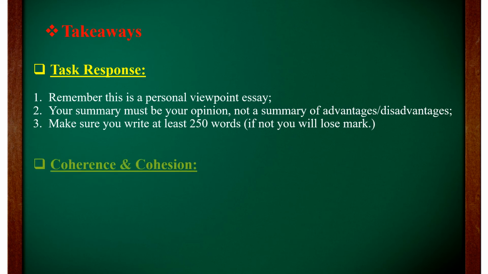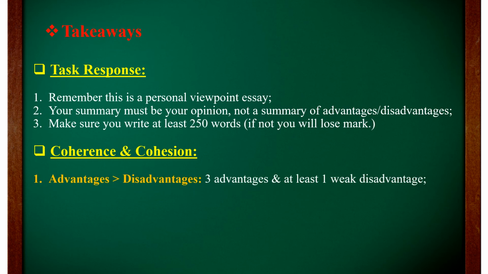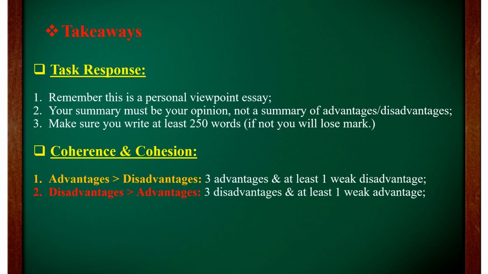Second, coherence and cohesion. 1. If you think that advantages outweigh disadvantages, you should list 3 advantages with clear explanation and example. After that, you should include at least 1 weak disadvantage and reject it later to prove that you consider both sides of the issue. 2. If you think that disadvantages outweigh advantages, you should list 3 disadvantages with clear explanation and example.